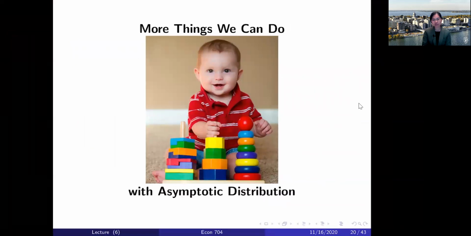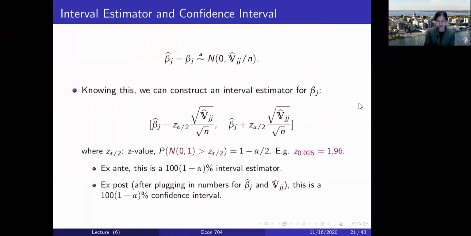What else can we do with asymptotic distribution? There are some things that we have done before, like building a confidence interval for each of the parameters. Let's say we want to build a confidence interval for beta j. Then based on this approximate distribution, we can use this confidence interval: beta hat j plus or minus the z-score times the standard error.